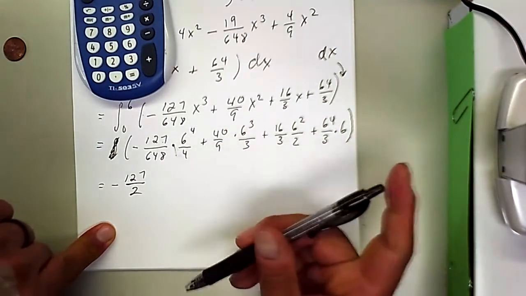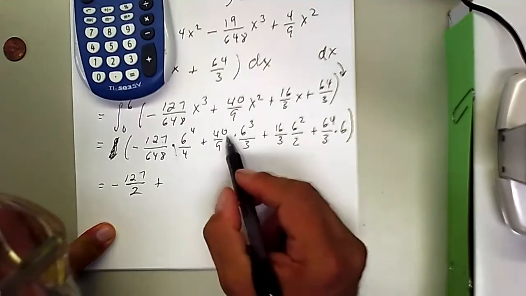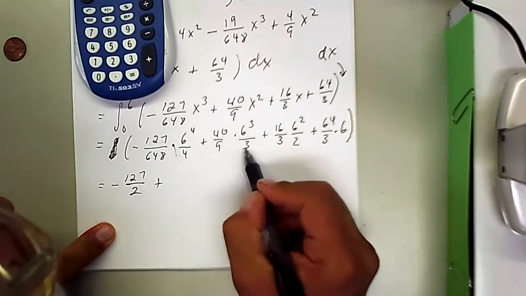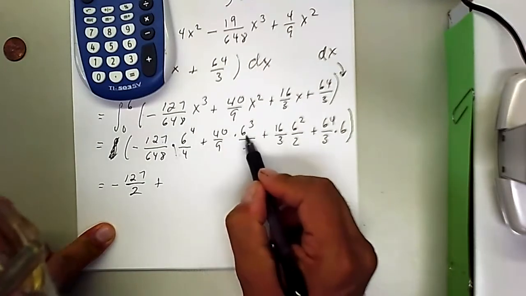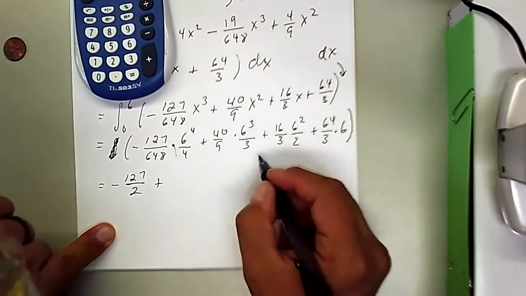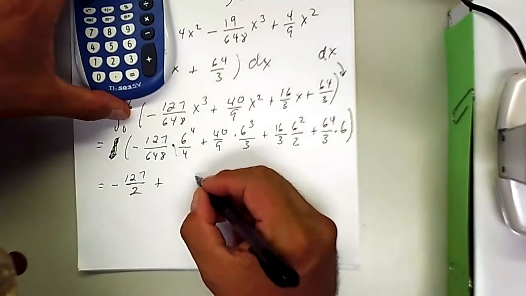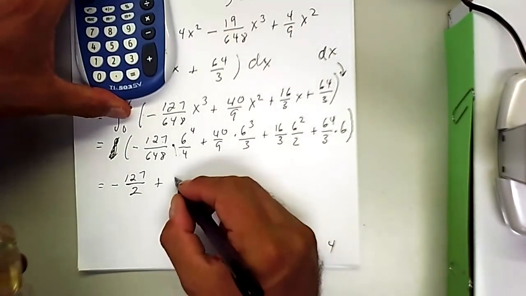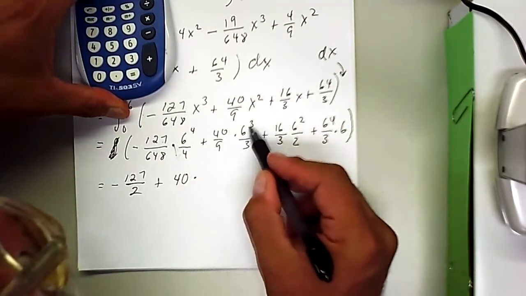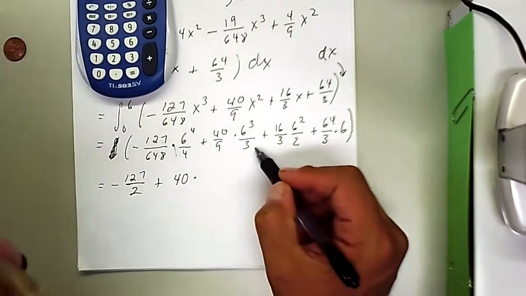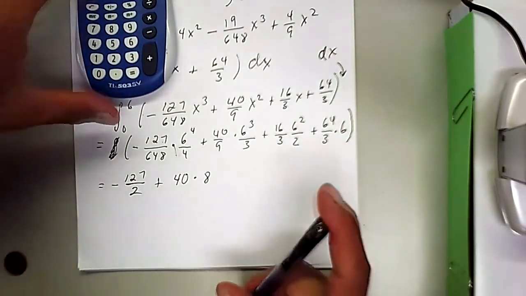The 127 remains there. Plus 40 has 2's and 5's, so that doesn't simplify with this. 3 times 9 is 27. 6 cubed, let's see, 6 cubed is gonna cancel, so 40 times, and then we gotta figure out what 6 cubed over 9 times 3 will be, and I think that is 8, if I'm not mistaken.